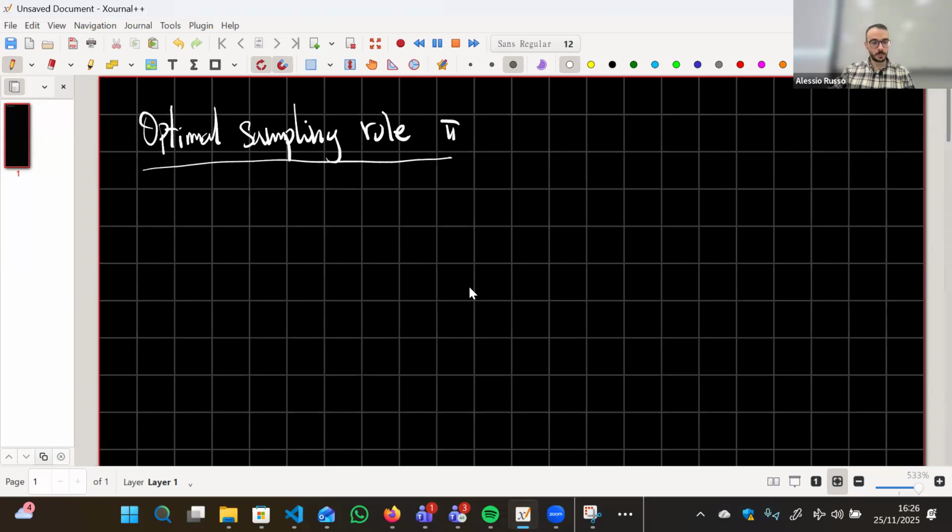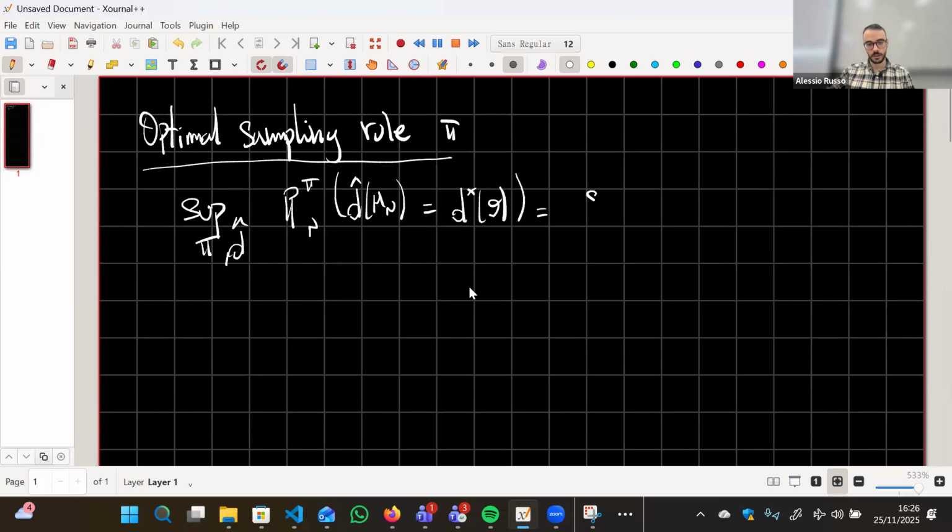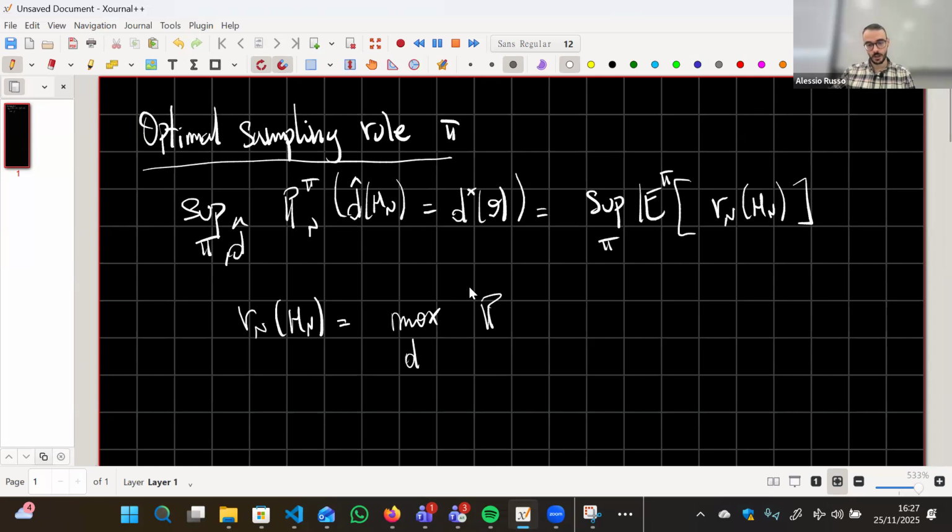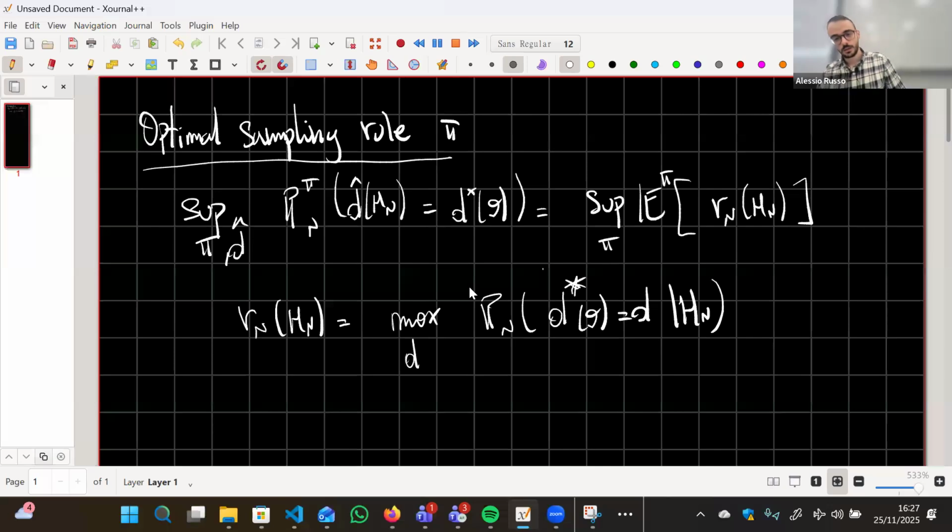Last time, from our last lemma, what we showed is that this quantity here is essentially equal to the sup over pi of the expectation with respect to the sampling rule of this quantity here, where R_N(H_n) is equal to the max over the decisions d of the posterior probability at time n that theta star equals d given H_n.